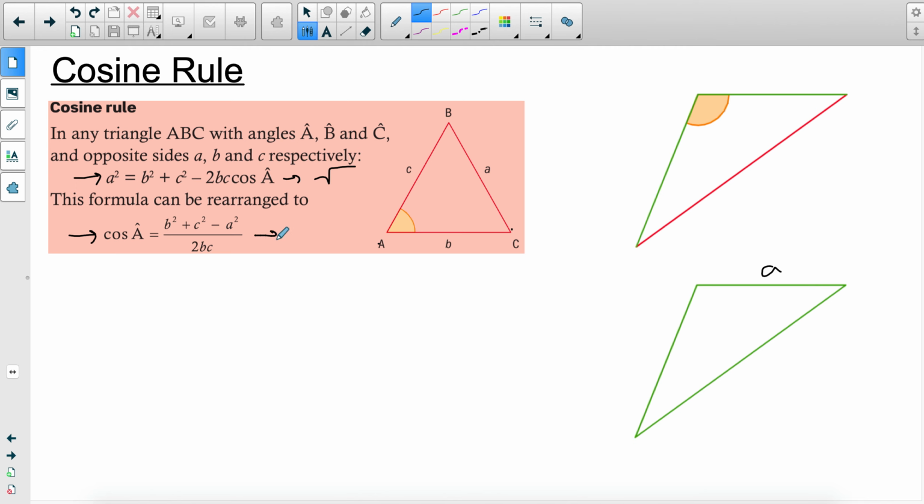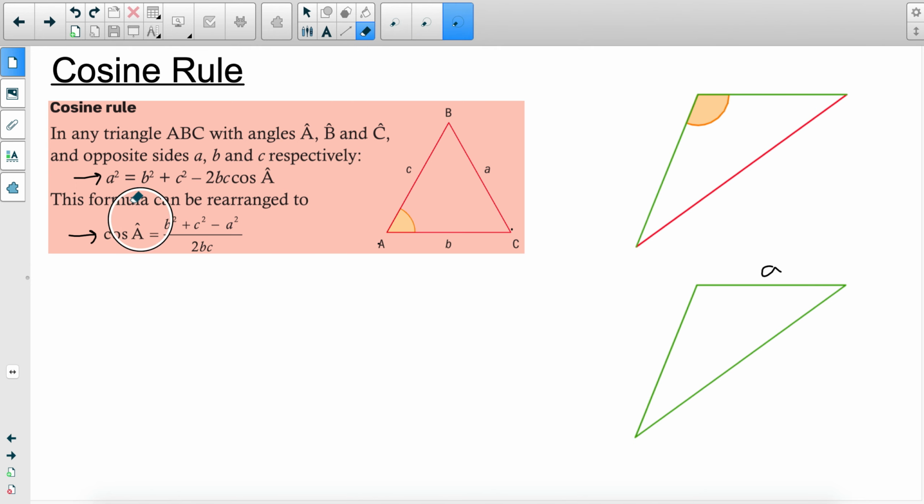So in the first case you'll have to square root, and in the second case you'll have to take the cos inverse. The reason we don't write the square root there and the cos inverse there is because the equation is going to look too complicated. In maths, we like to keep things in a nice, simple form. So I'd rather just keep the cos on this side and then remember to take the cos inverse at the end.